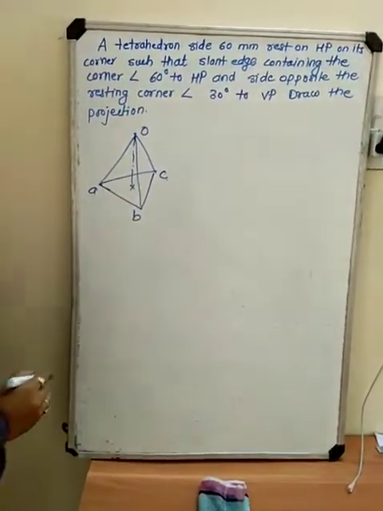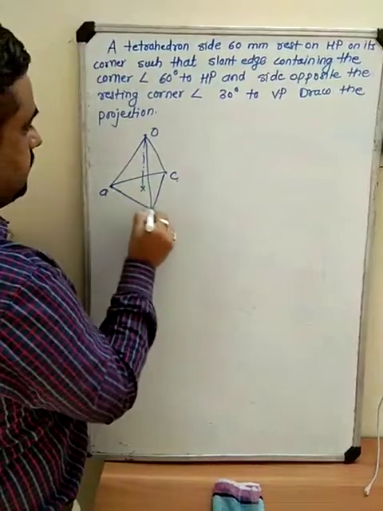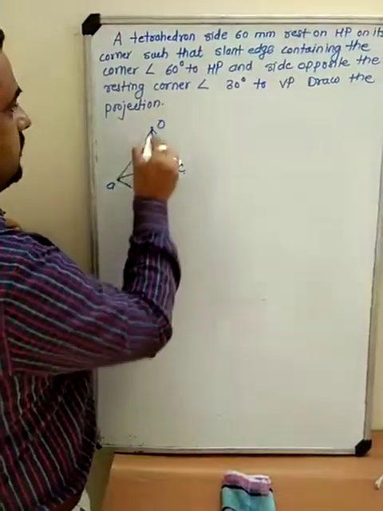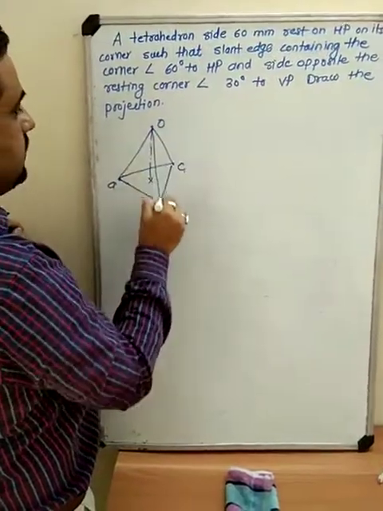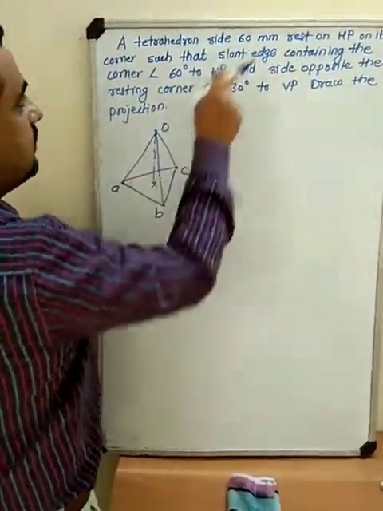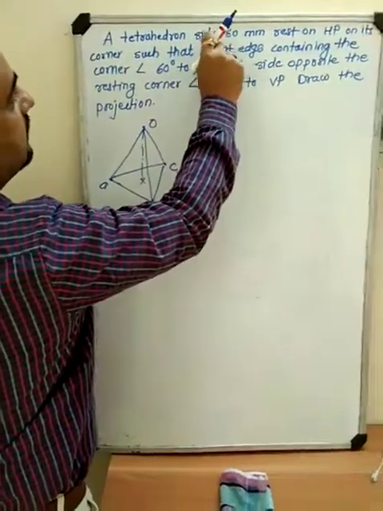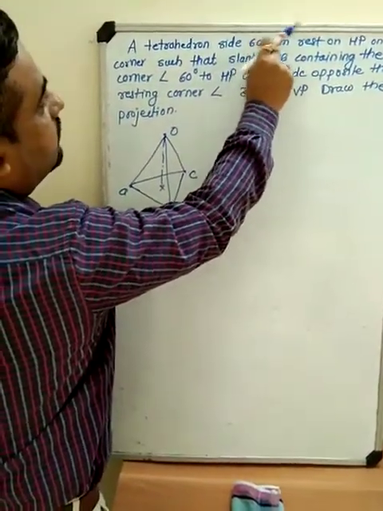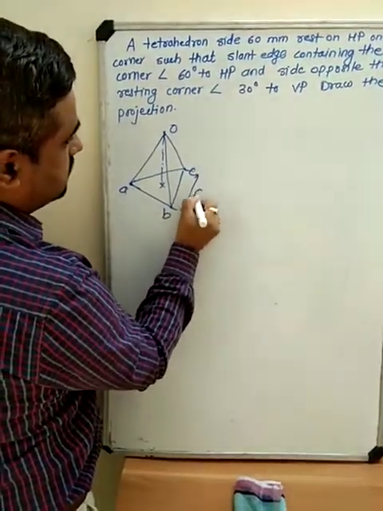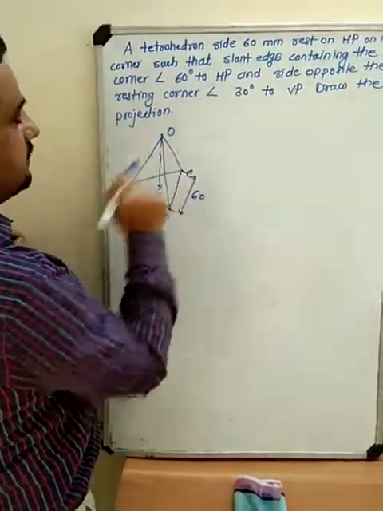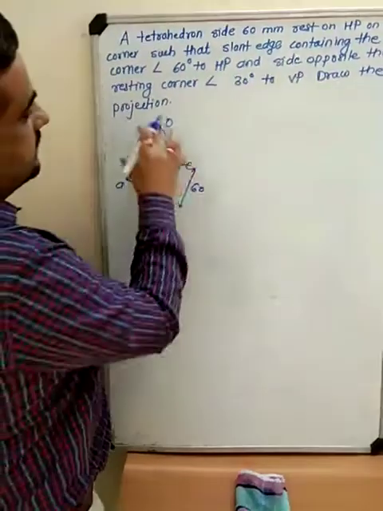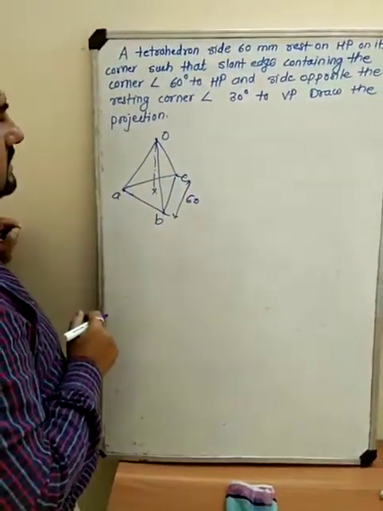Here AB, BC, CA are all the same. OA, OB, OC are the same. That means all the edges have a length equal to 60 mm.